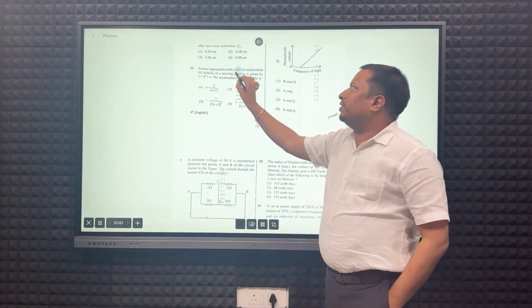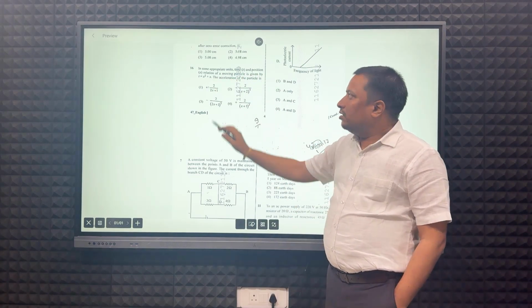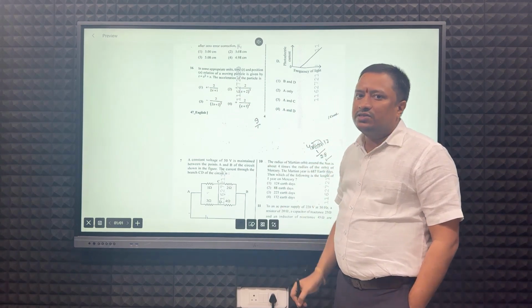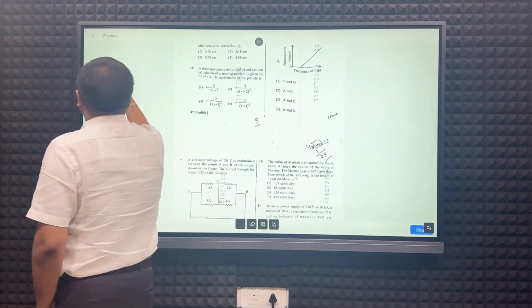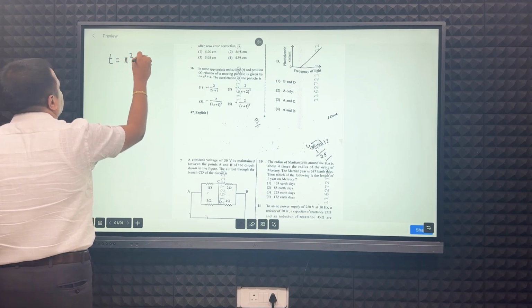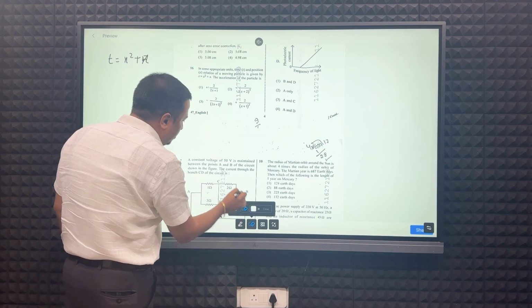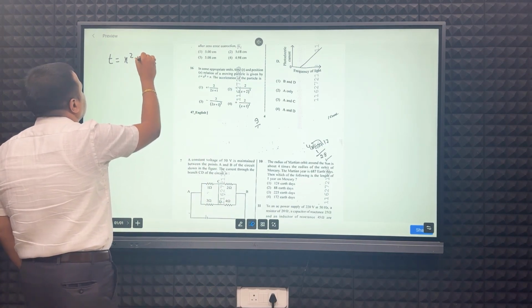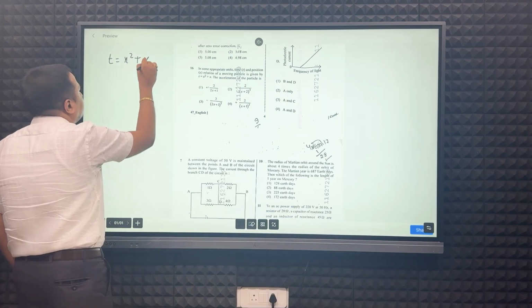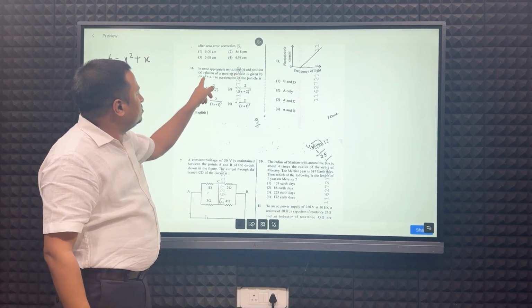In some appropriate units, the time and position x relation of a moving particle is given by t is equal to x square plus x.